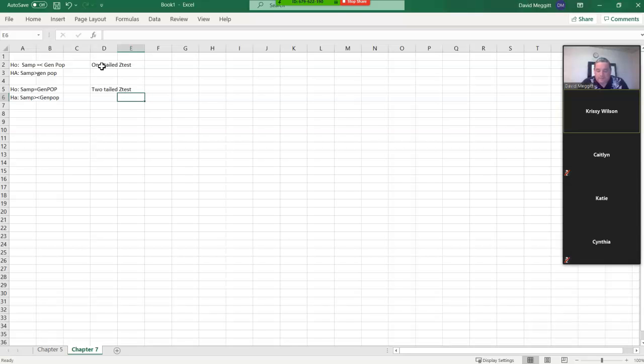So now we've got error that we have to be concerned about. No matter what research you do, there's going to be error. You can't escape error. So when you look at table 7.1, it's on page 192.